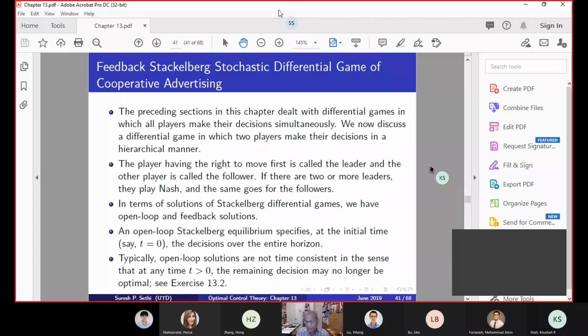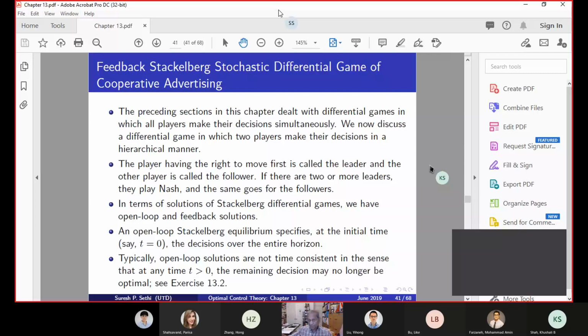By that, what I mean is that if you have a solution as a function from 0 to capital T, let's say, and the other person makes his decision based on the decision of the first person, then let's say after one period or after a certain time has passed, at some t which is bigger than 0, if you play the game again, then the solution that you obtain may not be the same as what we did before.